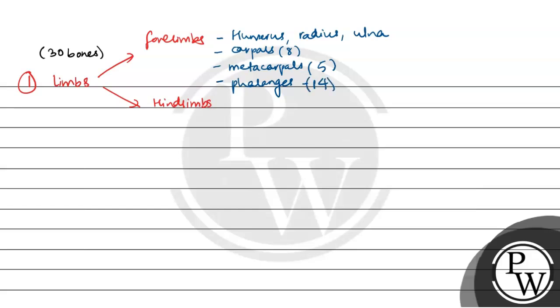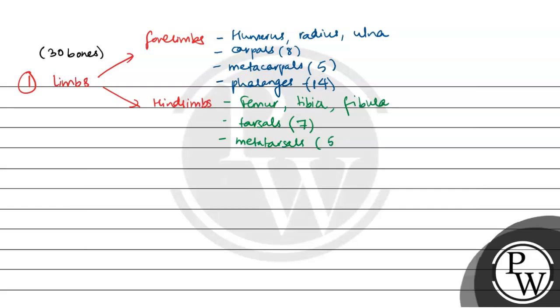Moreover, जो hind limbs होते हैं, hind limbs में आता है femur, there is tibia, there is fibula, then there is tarsals. Tarsals are the ankle bones which are present 7 in number. There are metatarsals.